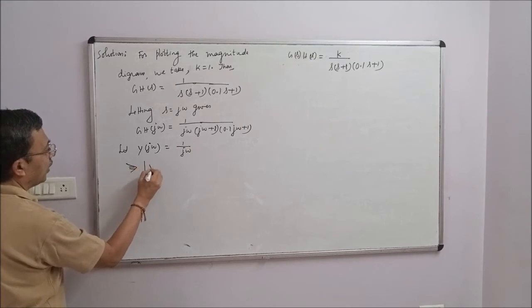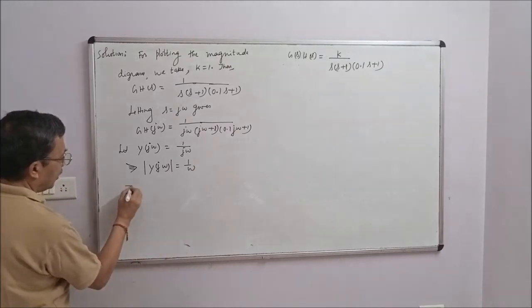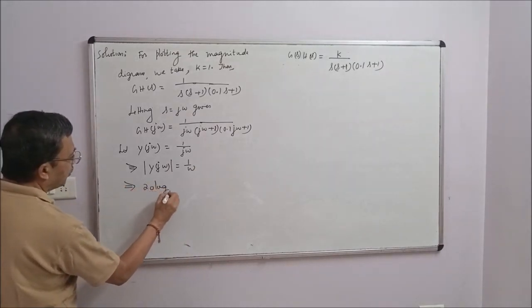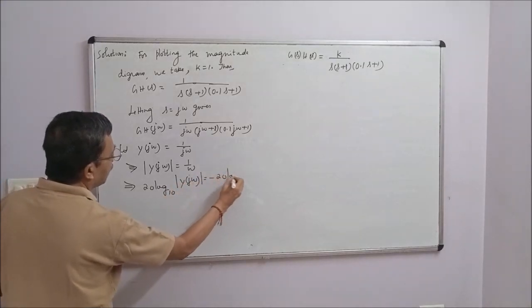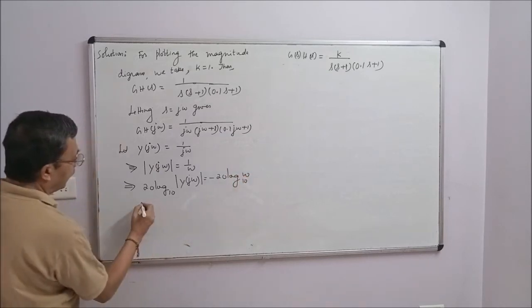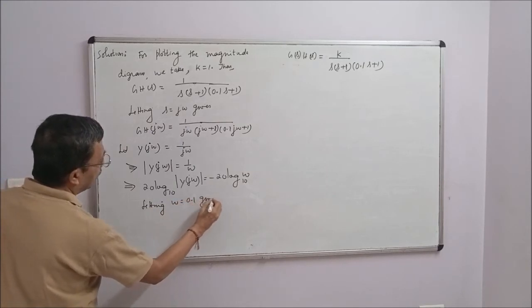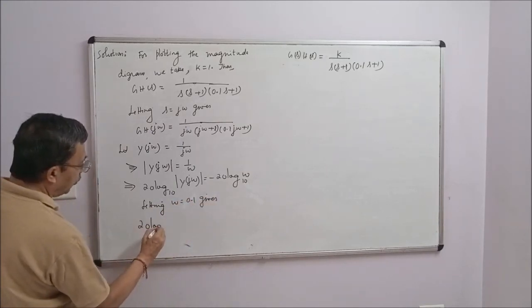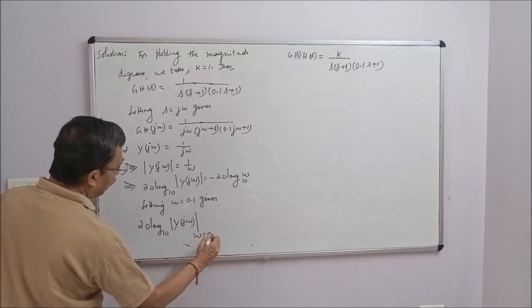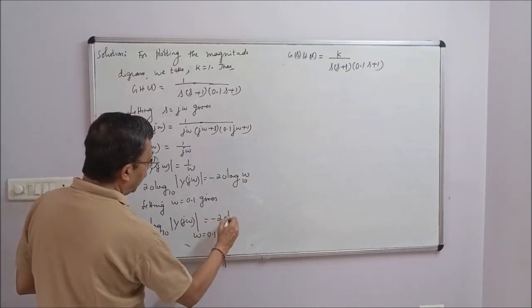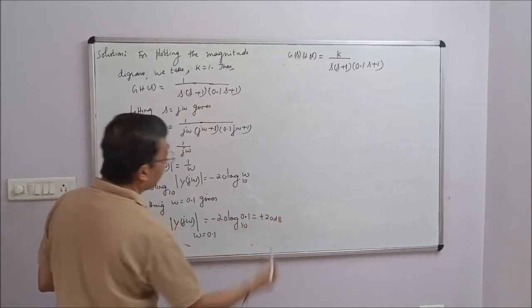This implies magnitude of Y of j omega is equal to 1 by omega. This implies 20 log to base 10 magnitude of Y of j omega is equal to minus 20 log omega to base 10. Letting omega equal to 0.1 gives minus 20 log of 0.1 to base 10, which is equal to plus 20 dB.